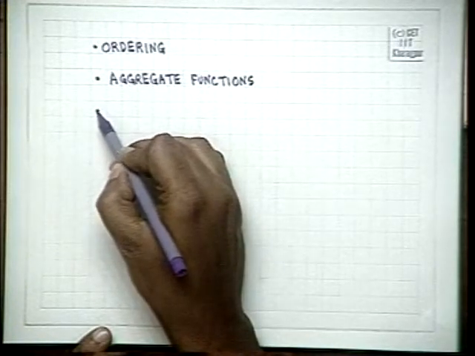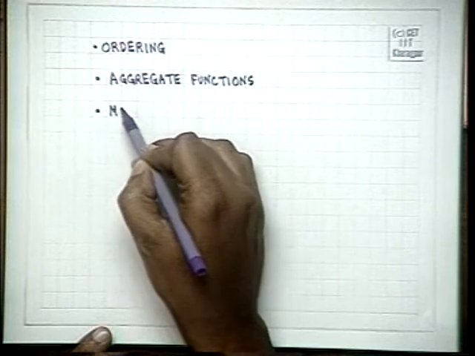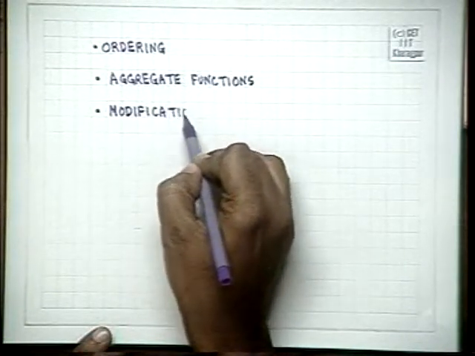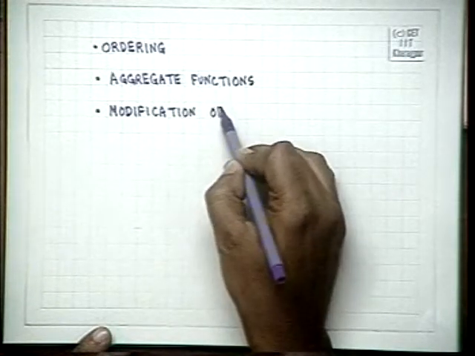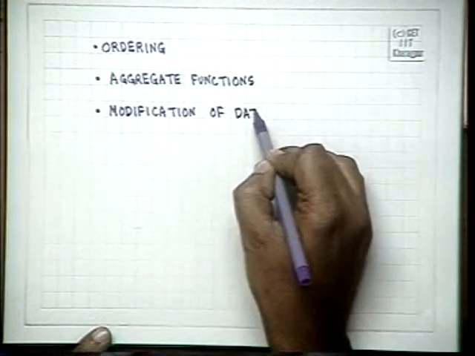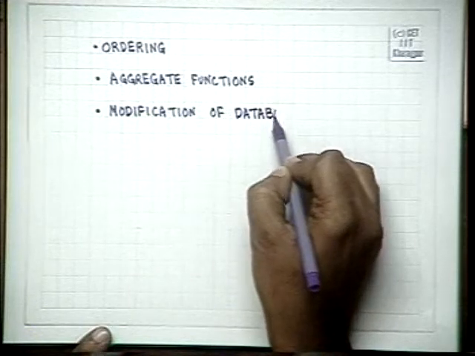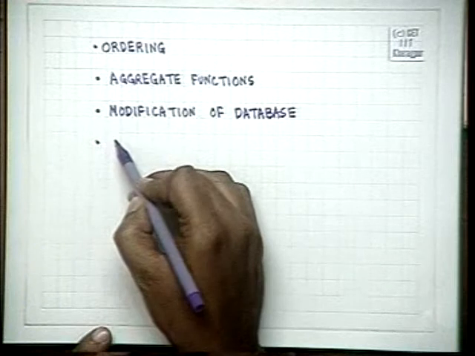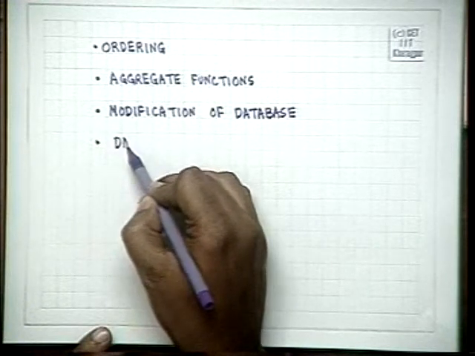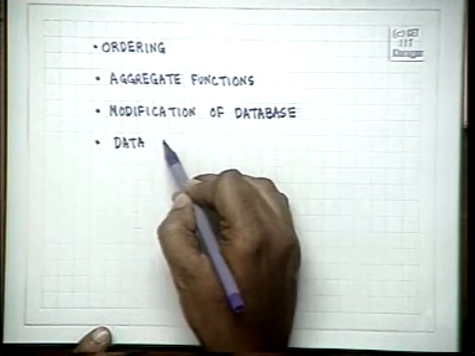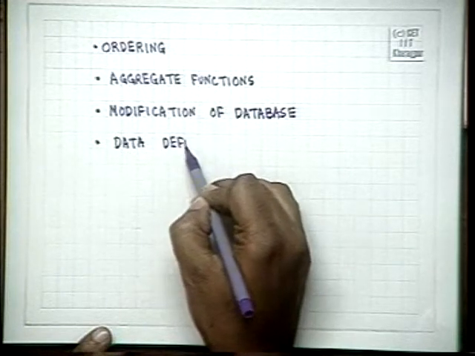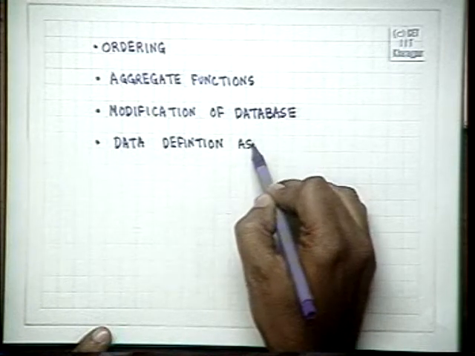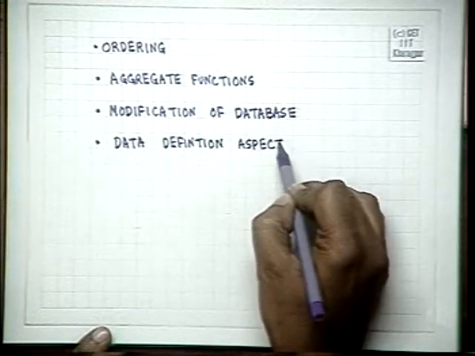and then we will proceed later on to do operations which allow for modification of the database, and we will have a quick look at the data definition aspects provided by SQL.